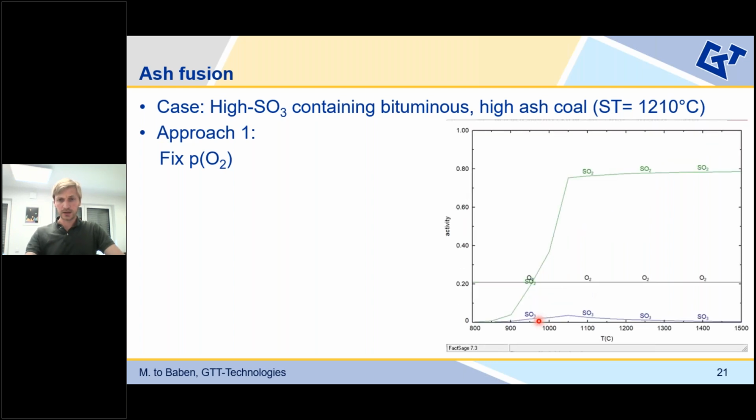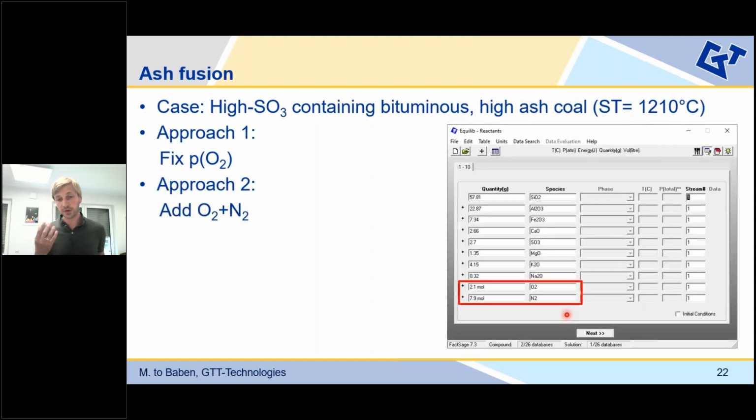Well, if you look into the gas phase, this is the activity of the gas phase species, and you can see that the oxygen partial pressure is, because we have set it like that, always fixed at 0.21 atmospheres. However, we have an SO2 partial pressure which is close to 0.8 atmospheres, and that is obviously too high. And our SO3 partial pressure is also rather high, at around 50 millibars.